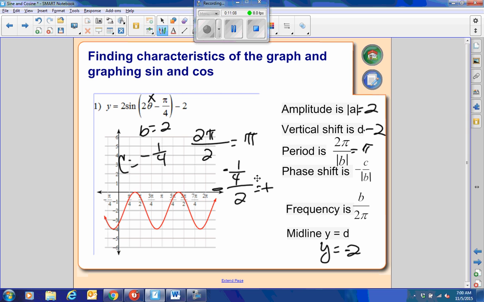When I put this in my calculator, I get 1/2, and then pi, sorry, I left off the pi. So my phase shift is 1/2 pi. And my frequency is b over 2 pi, which is just 1 over pi.